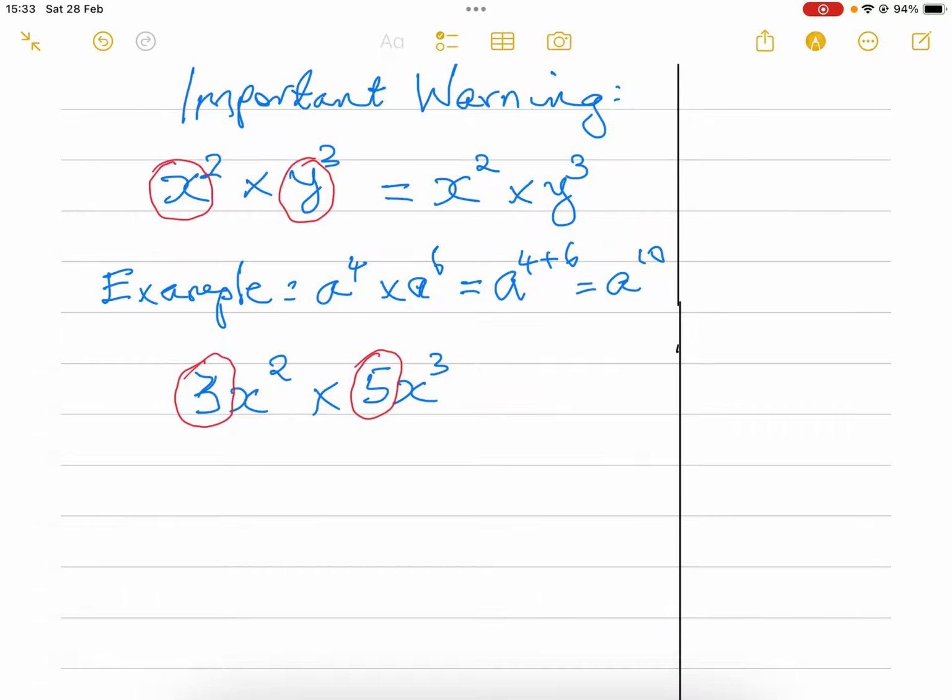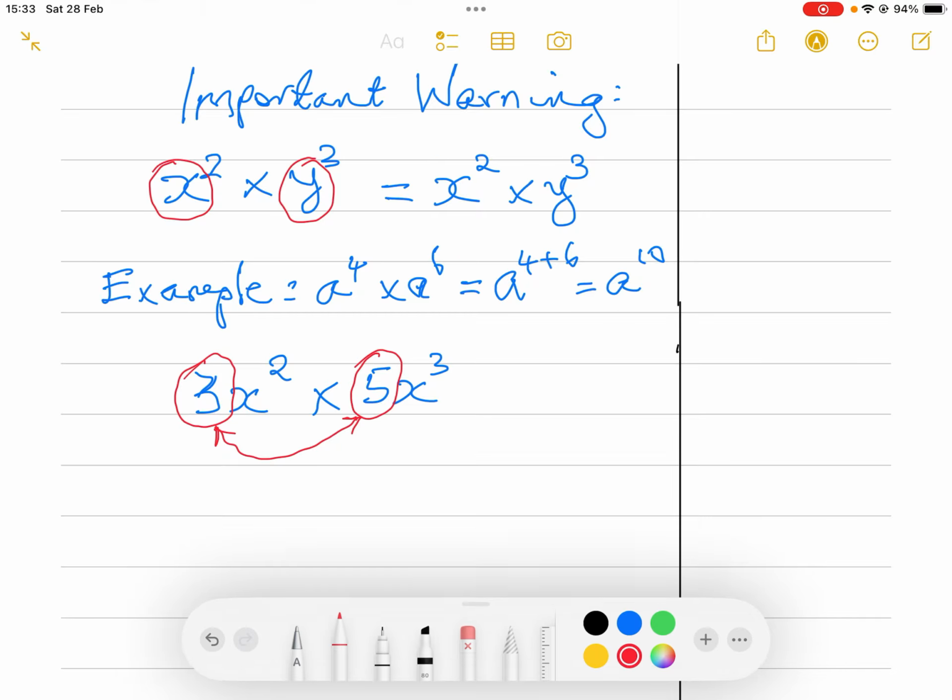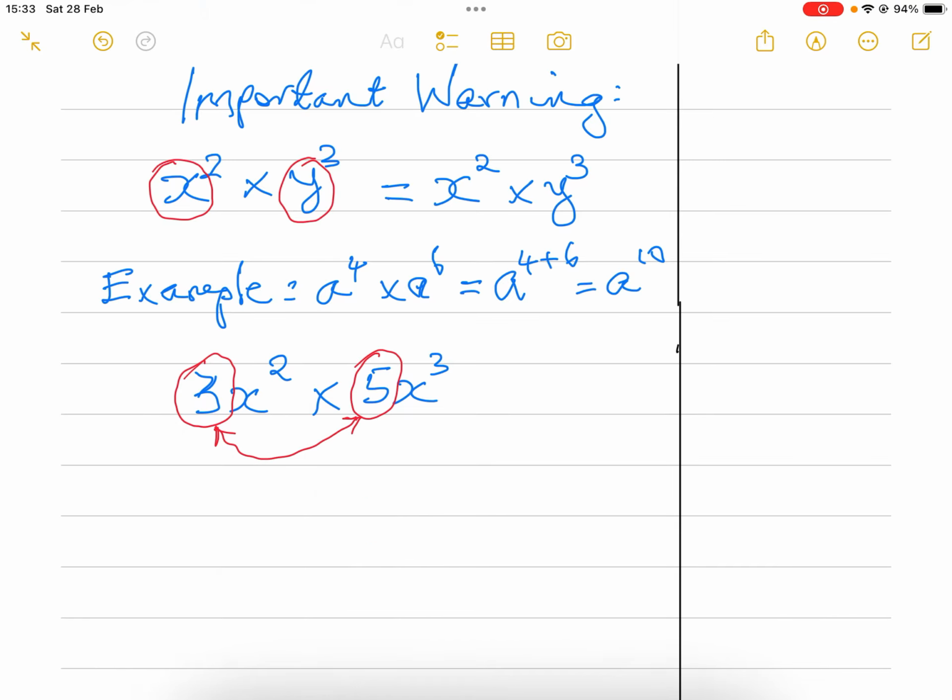This is the coefficient of x, 3, in 3x raised to power 2, and this is the other coefficient. You multiply these two, 3 and 5.